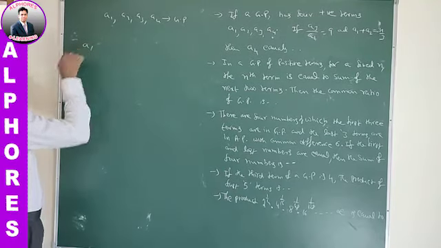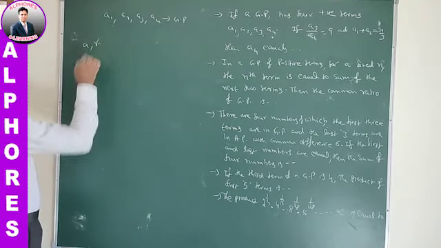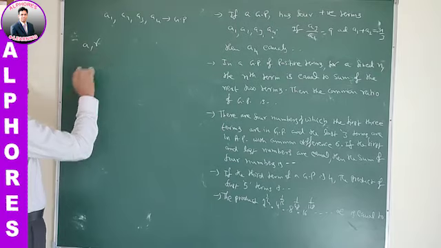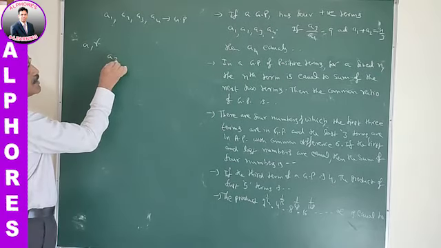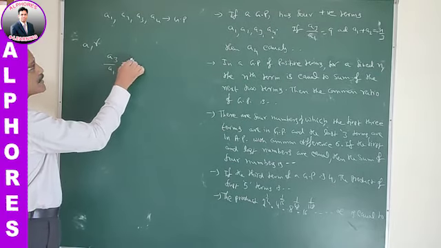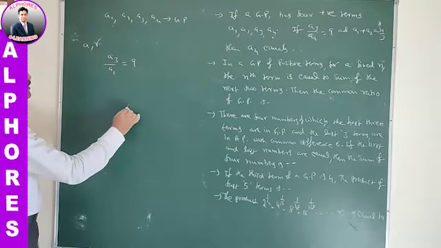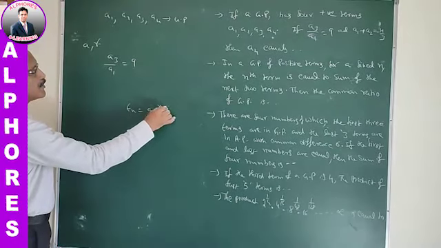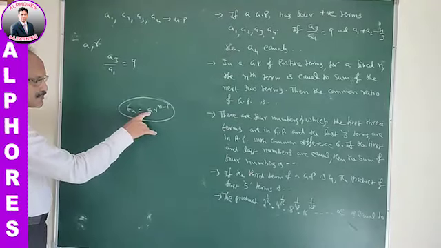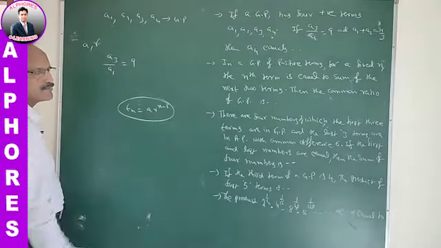Let the GP have first term A and common ratio R. Then A3 by A1 is given as 9. You know, the nth term of a GP is given by A R power n minus 1, where A is the first term, R is the common ratio, and n is the number of terms.